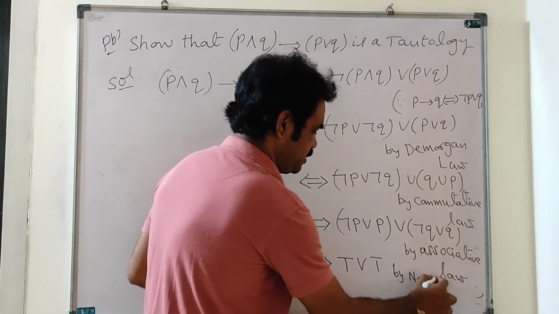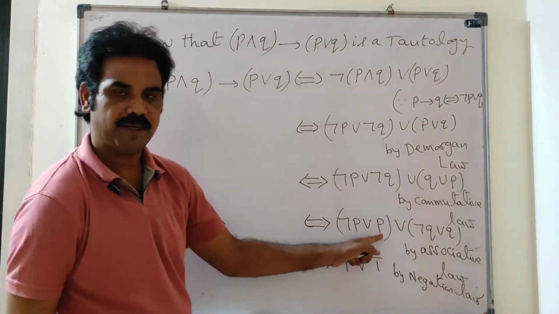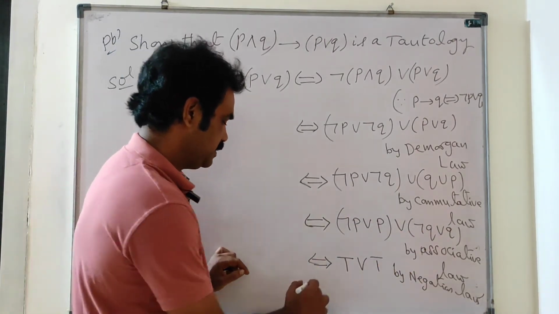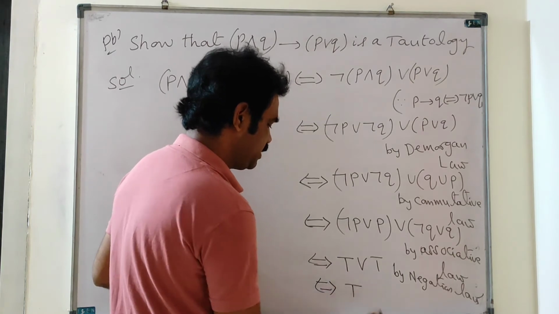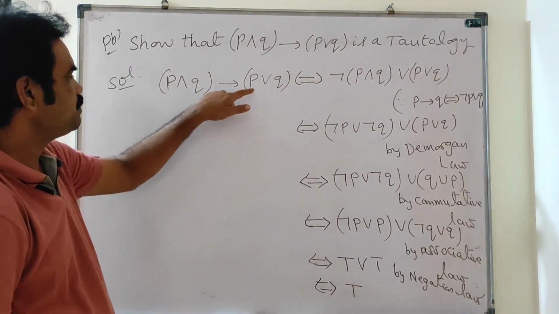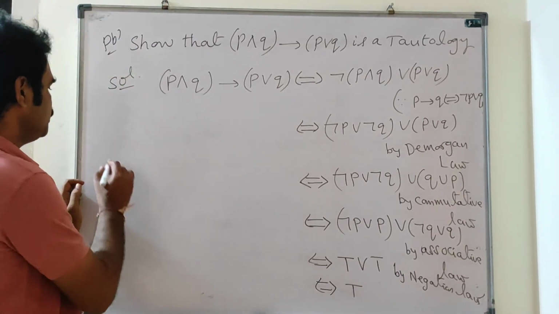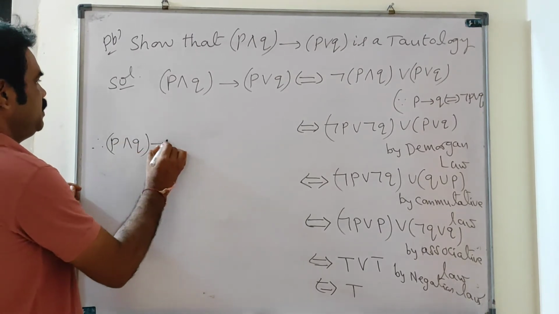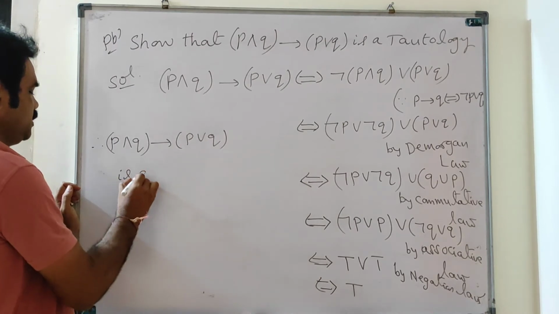T or T is equivalent to T. Hence P and Q implies P or Q is logically equivalent to T. Therefore, P and Q implies P or Q is a tautology.